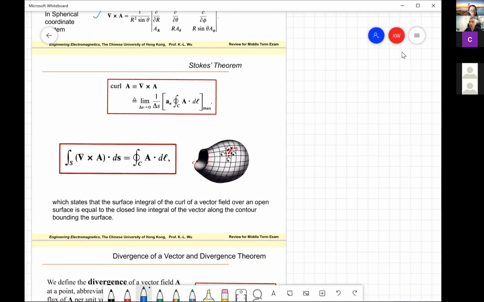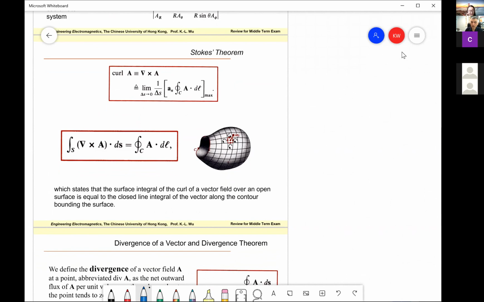Then from the curl definition, we can justify what we call Stokes theorem.